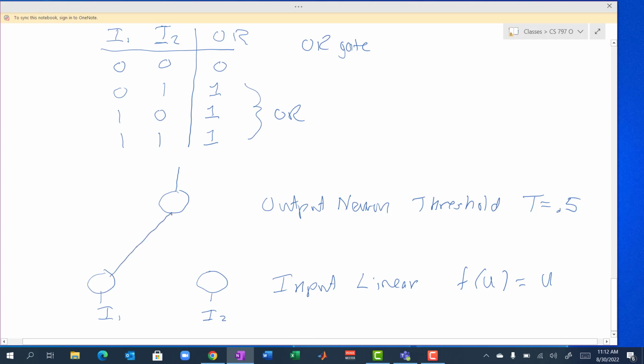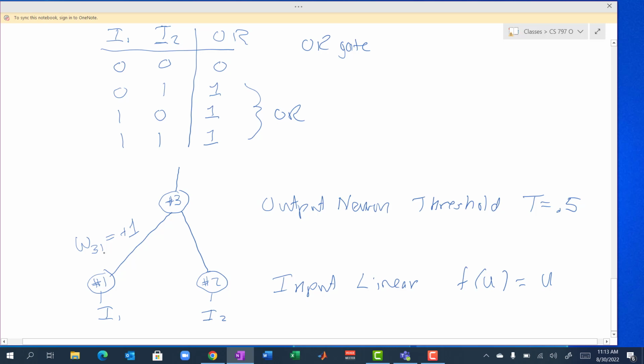And then we're going to connect the input neurons to that single output neuron with weights. We're going to start talking about a numbering strategy of how to number neurons and weights. And so call that neuron number 1, and this number 2, and this number 3. And a weight is going to be designated as going from 1 to 3 with this designation.